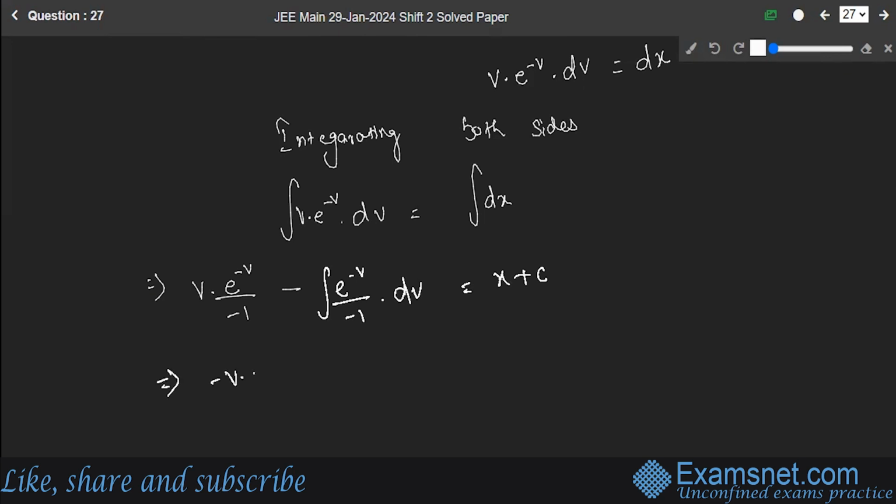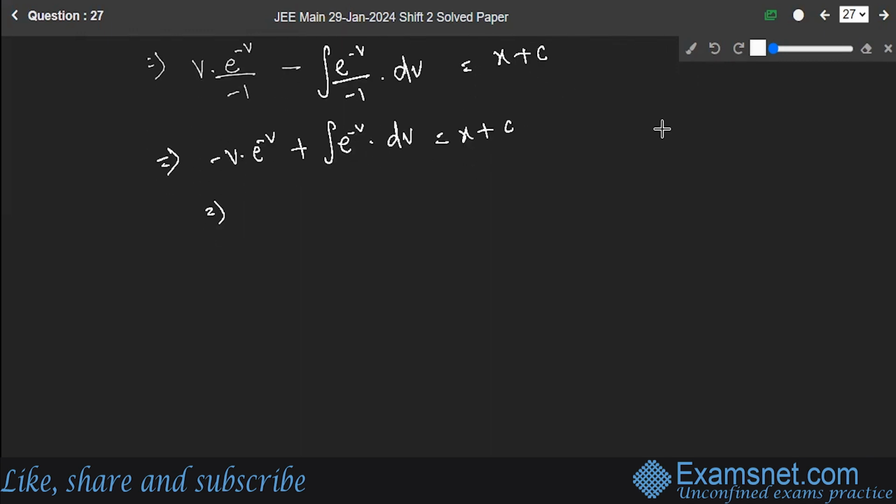So you have minus v into e power minus v plus integral of e power minus v into dv is equal to x plus c, or minus v upon e power v plus integral of e power minus v, which is again e power minus v upon minus 1, is equal to x plus c.